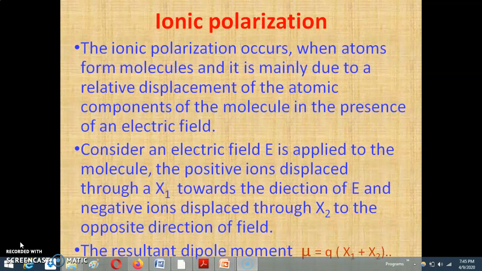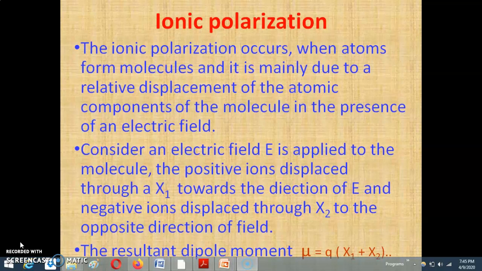Suppose the dielectric material consists of ionic molecules. What will happen when you apply the external electric field? What is called this external electric field? It is when you connect the biasing, a positive charge and a negative charge, a potential between two parallel plates.